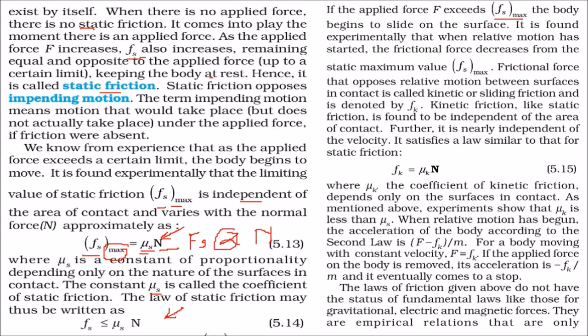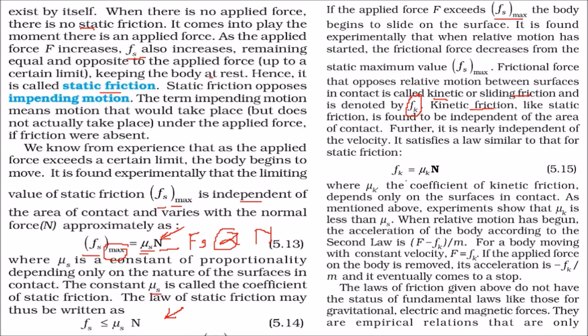The friction force that opposes the motion is called the kinetic or sliding friction, which we represent by Fk. Again, the kinetic friction is also independent of the area of contact, and nearly independent of the velocity also.